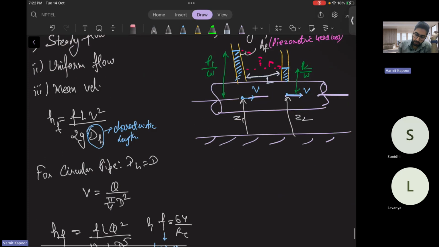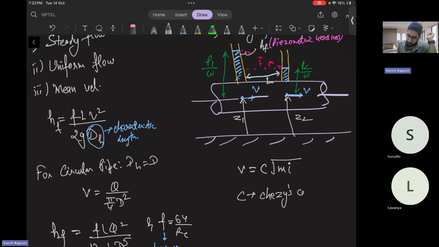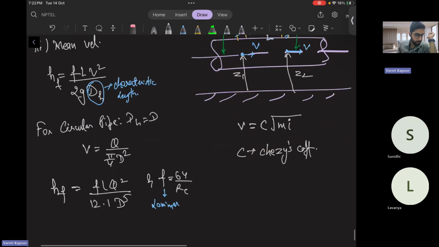Okay, so my velocity V is nothing but C times square root of M into I, where C is my Chezy coefficient.